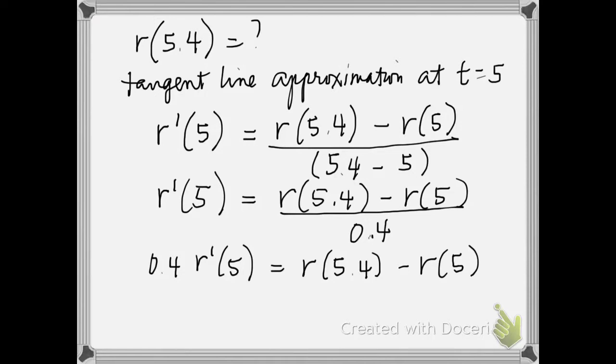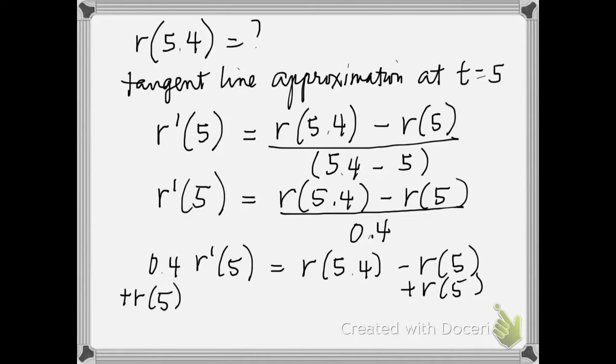Now since we're looking for r of 5.4, I want to leave that on the right side of the equation. So I'm adding r of 5 to both sides.